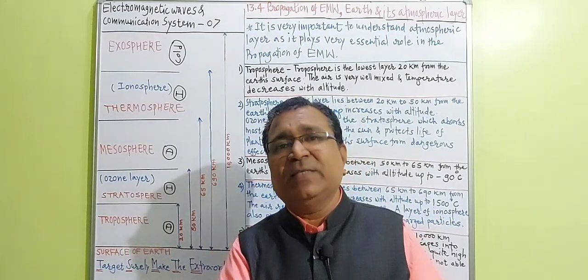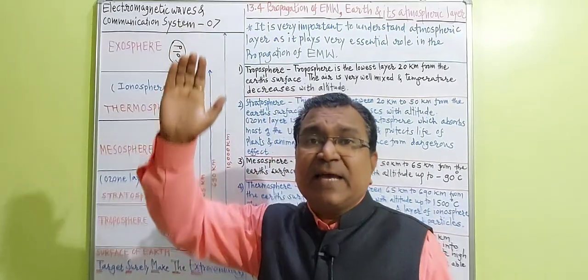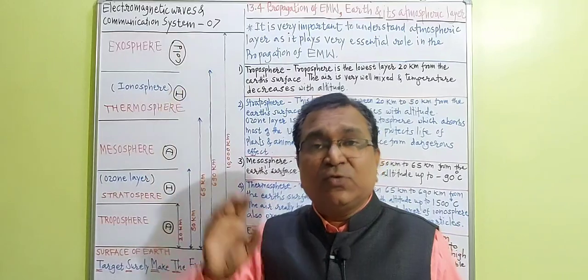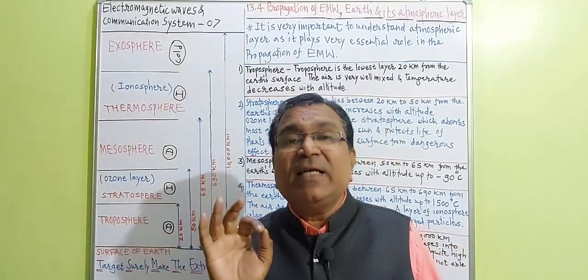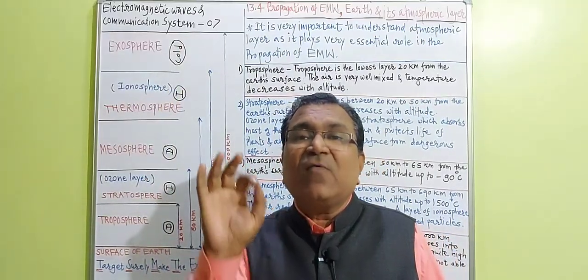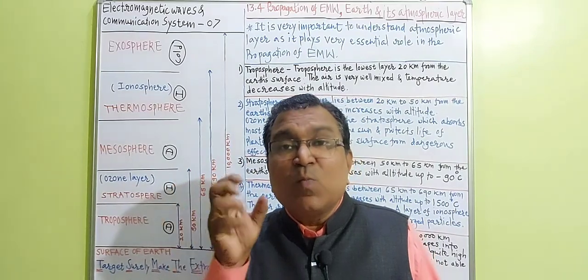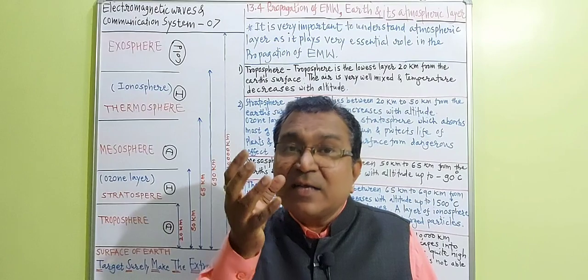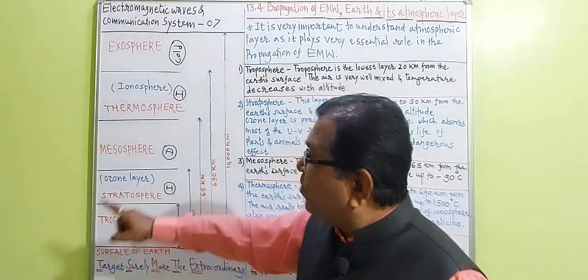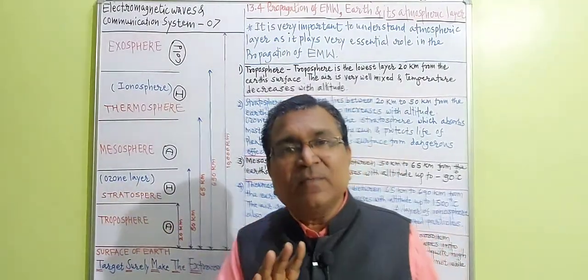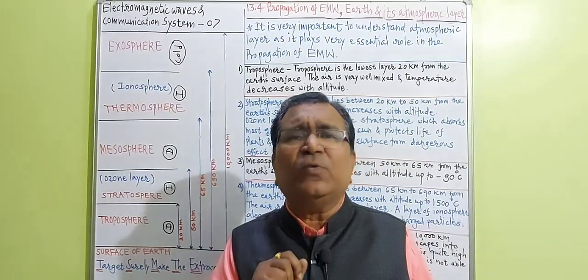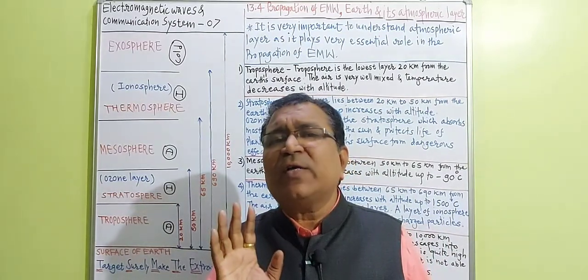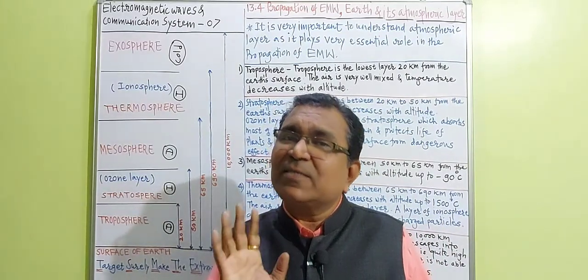Listen carefully. As the sunlight is transmitting from sun to earth, sunlight contains ultraviolet rays. Most of those ultraviolet rays, which are very harmful to all living organisms on the earth's surface, are absorbed by the ozone layer.